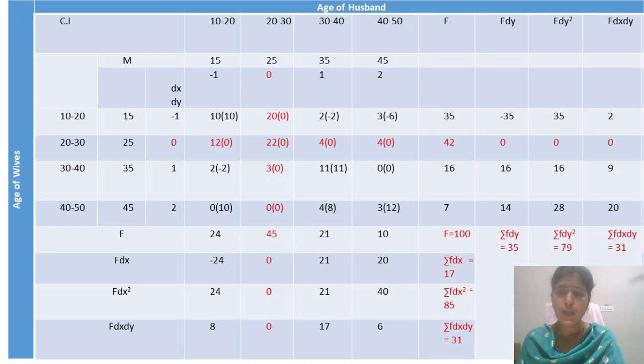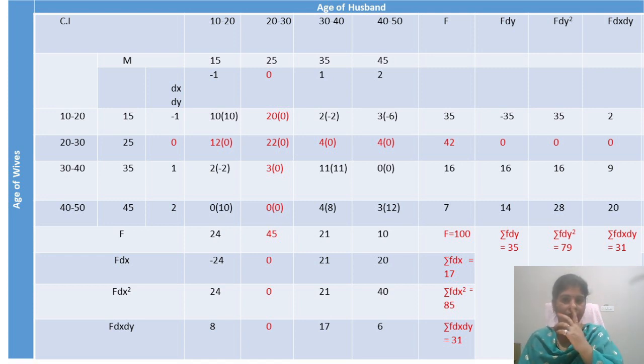Now into the frequency column: minus 1 into minus 1, 1 into 35, it will be 35, 0 into 0, 0 into 42, 0, 1 into 1, 1 into 16, 16, 2 into 2, 4, 4 into 7, 28.